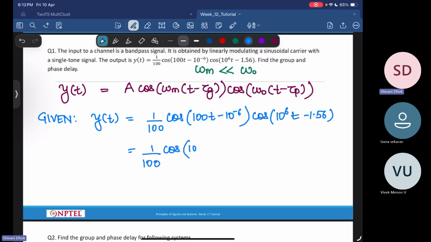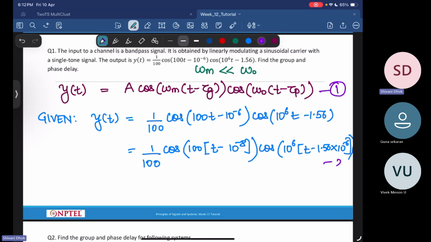We have cos of, we'll take 100 common, t minus 10 raised to minus 6 by 100, which gives me 10 raised to minus 8, into cos of 10 raised to 6 common, t minus 1.56 into 10 raised to minus 6.